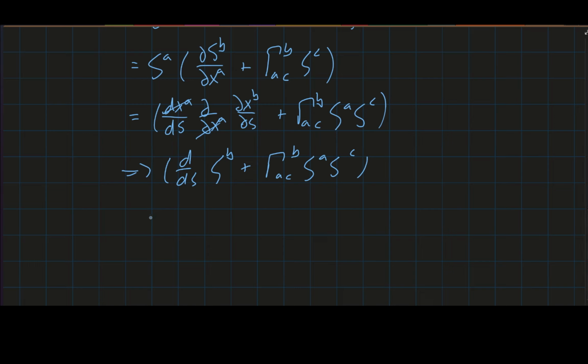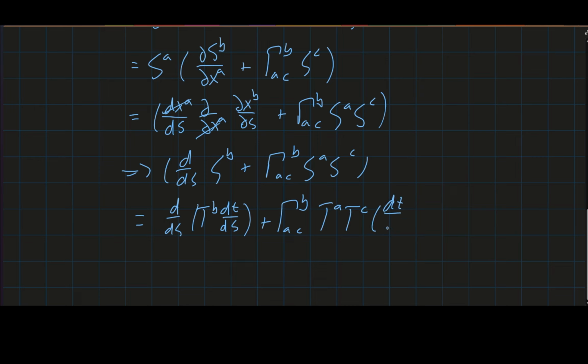Or actually, I'm going to rewrite this as S^B. Okay, so then we have d by ds. Now remember that S^B is actually T^B times dt by ds, which we wrote up at the top. Then we get our gamma term again. And we're going to do the same thing over here. These S's are going to be replaced with T's, and we're going to get a square of the conversion factor here, dt by ds.